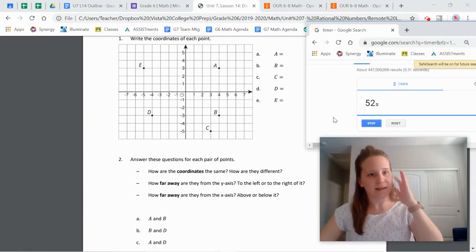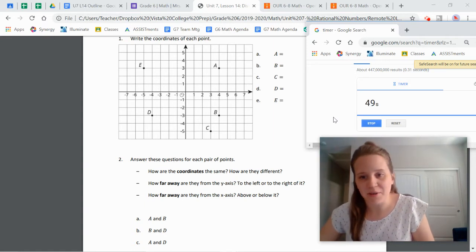About 1 minute left. Go ahead and make sure that you've chosen a pair of points and you're answering questions for those points.